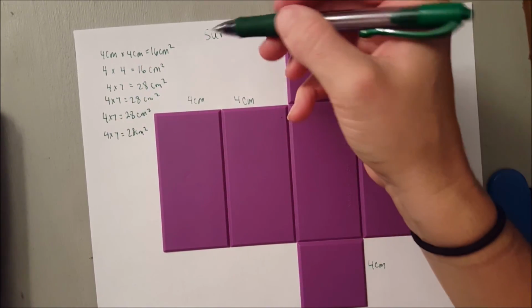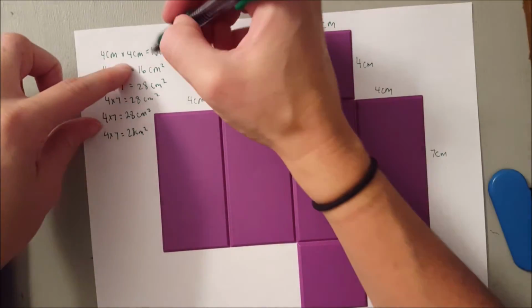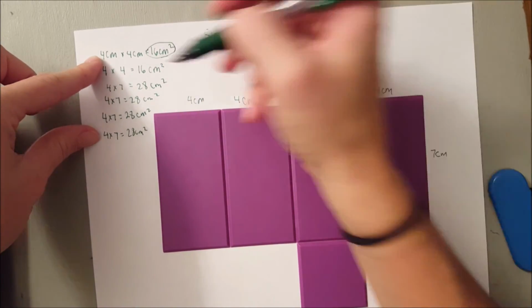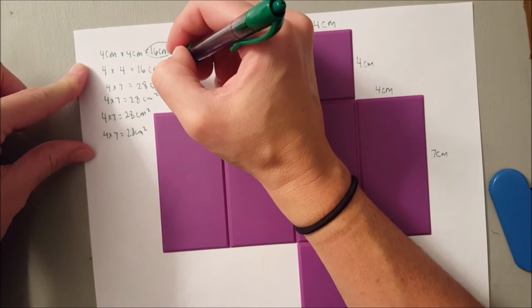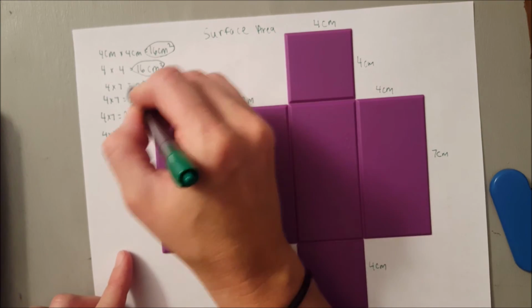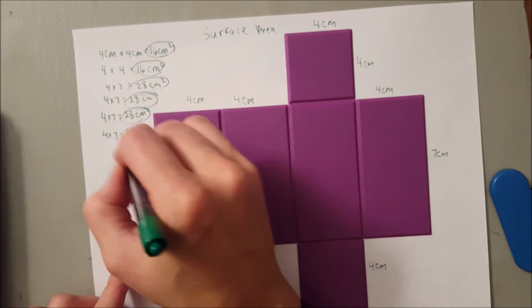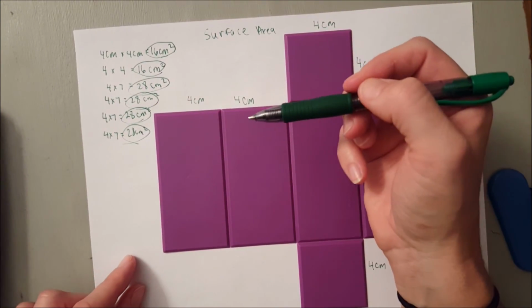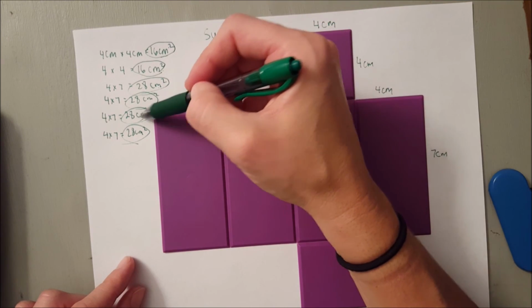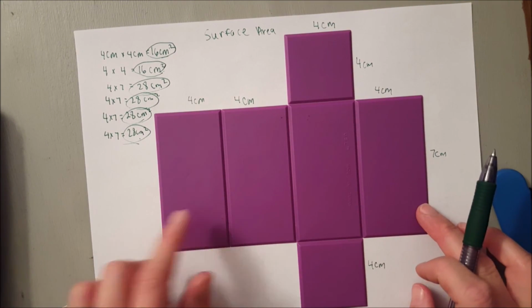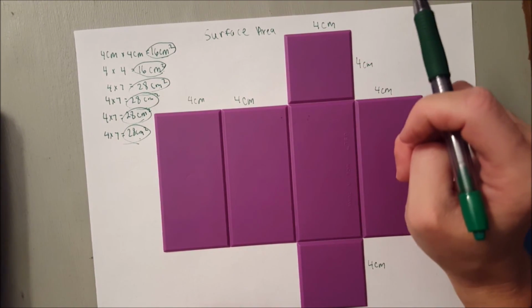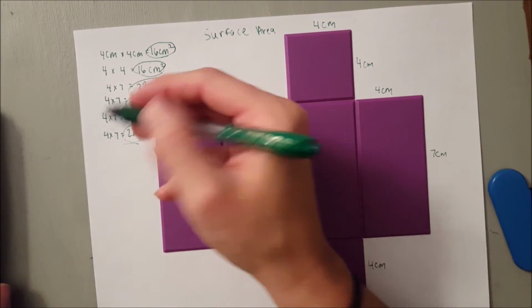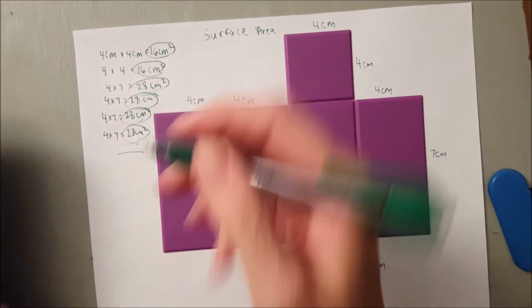Okay. Then I should have 6 faces here. I should have 16, and I'm adding them all together for the area, plus 16 plus 28 plus 28 plus 28 plus 28. There should be 6 of them, right? 1, 2, 3, 4, 5, 6. That's all of these faces. And to get the surface area of the entire figure, I add them all together. So imagine I am adding these here.